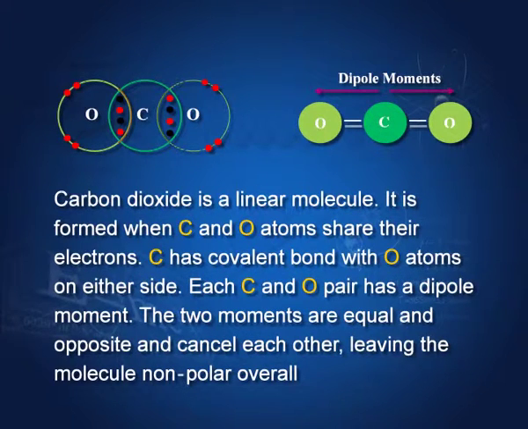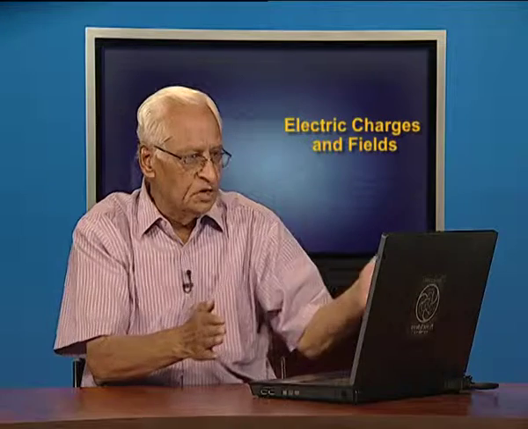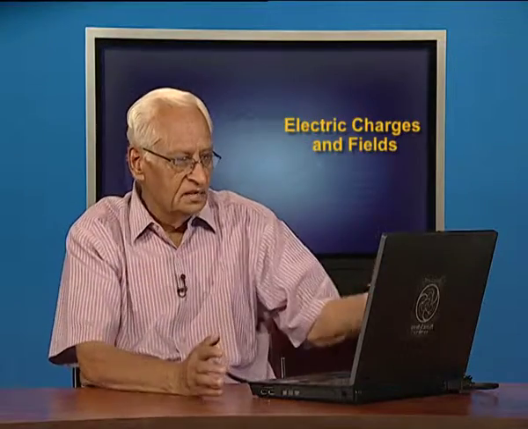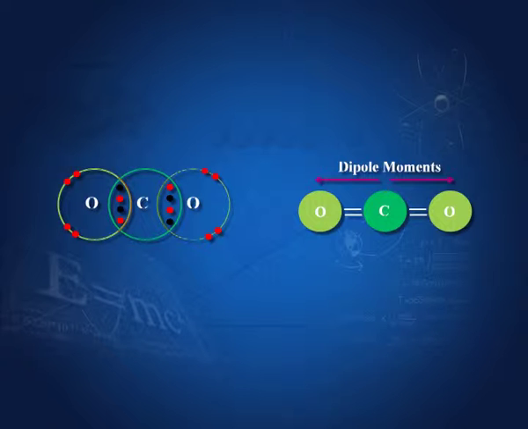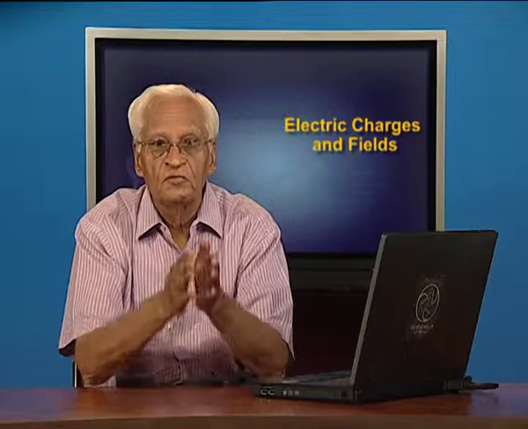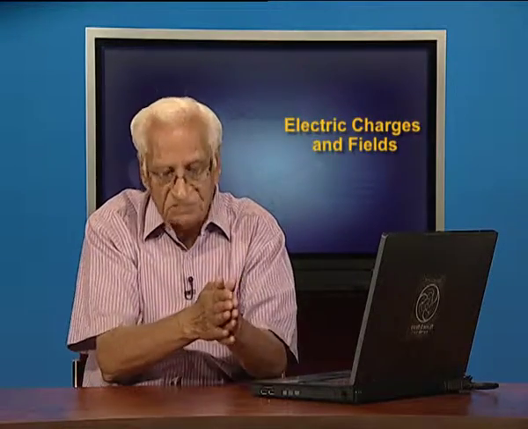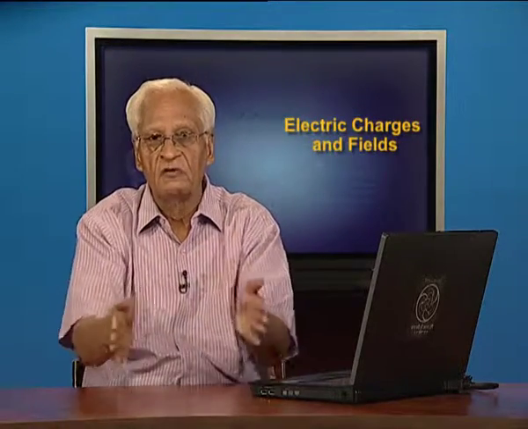Let me give another example, which is not a polar molecule. We have carbon dioxide. The 4 electrons of carbon are shared by the 2 oxygen atoms, and they are so symmetrically placed. Actually, carbon dioxide is a linear molecule. They are so placed that the forces between charges on this side and on this side cancel, and therefore, there is no displacement of charges from one another.